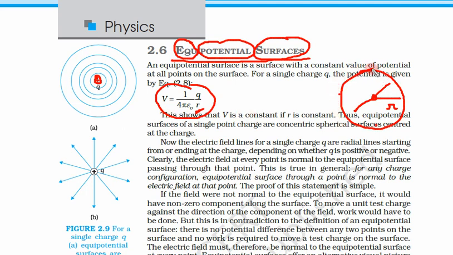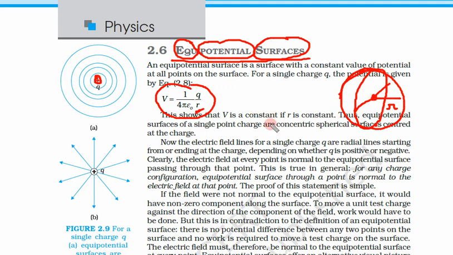Similarly, if we move this into 3D, this will become a sphere. Any sphere which is concentric with this charge, or we can say any sphere for which this charge is the center, is an equipotential surface for this charge.